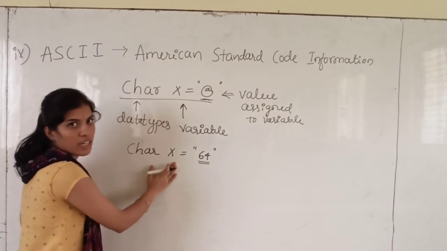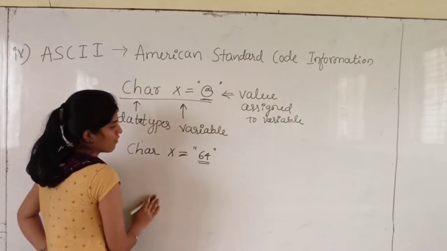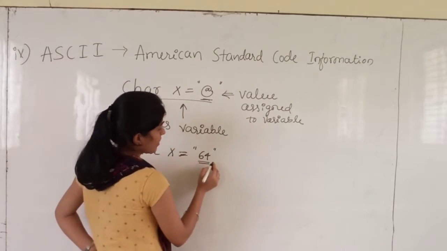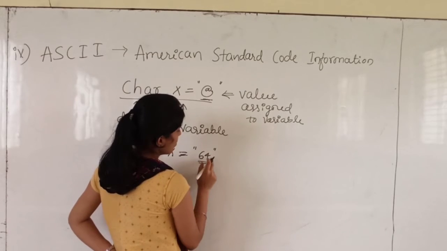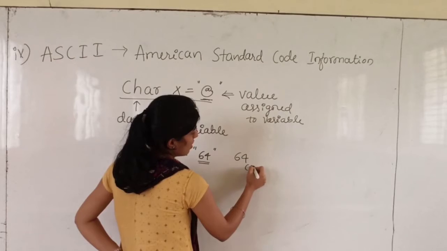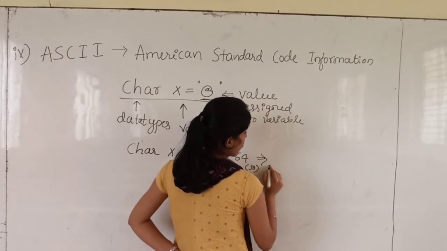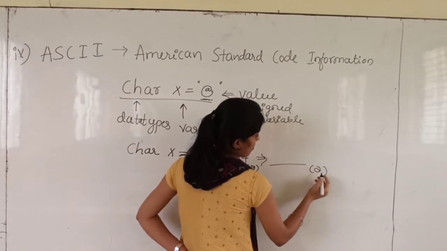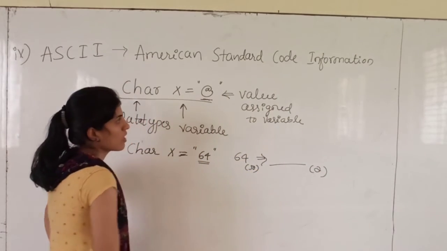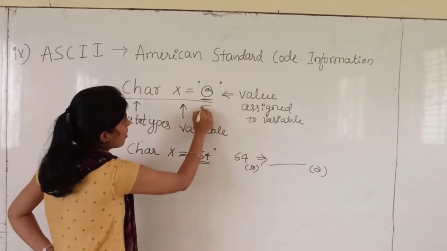The data should be correct, and after that the converters do their work. 64 is a decimal number, which is converted to the equivalent binary number, and after that the computer understands what data has been given.